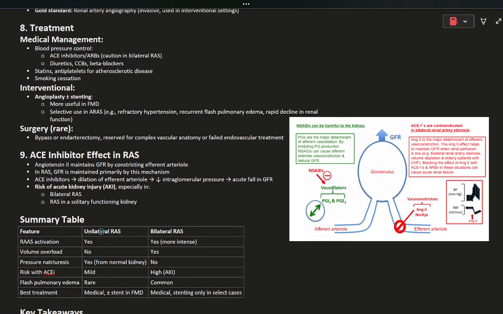So, in summary, the features of unilateral and bilateral renal artery stenosis can be described as follows. There's going to be the renin-angiotensin-aldosterone system activation for both of them, although it will be more intense for the bilateral renal artery stenosis.